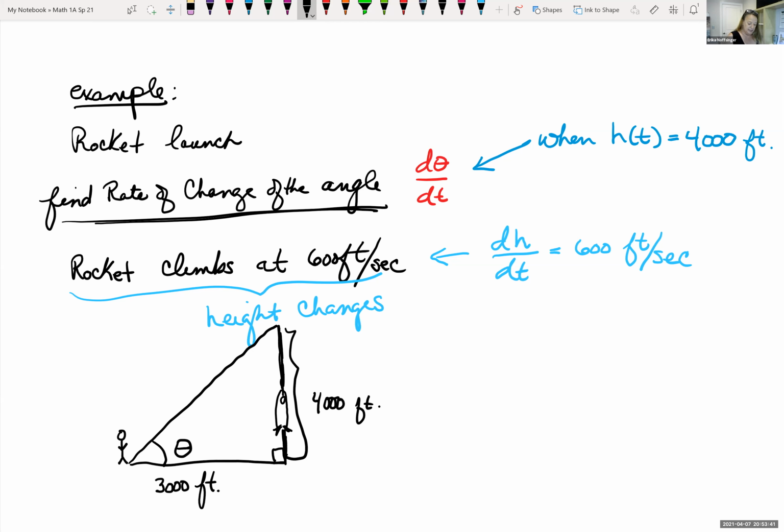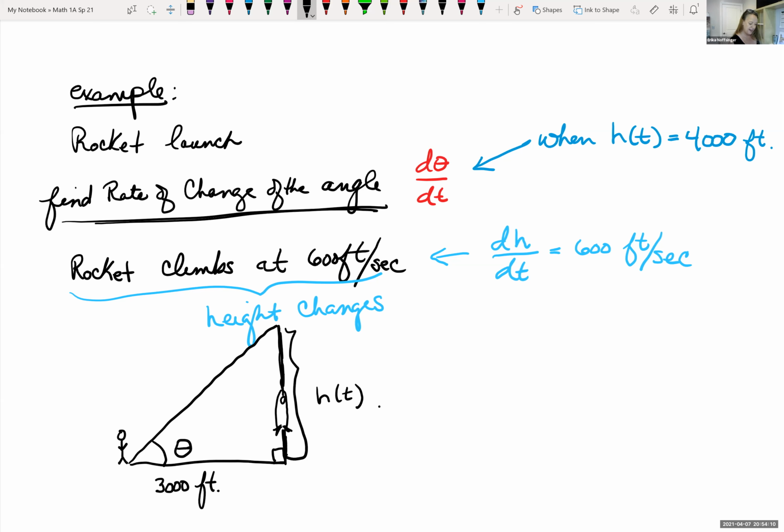Okay, so looking at this, I'm looking at my angle and how it's changing. I'm looking at what I know. This is h of t, really, but we want to know when it's 4,000 feet. Looking at what I need to use, I have h of t and 3,000.